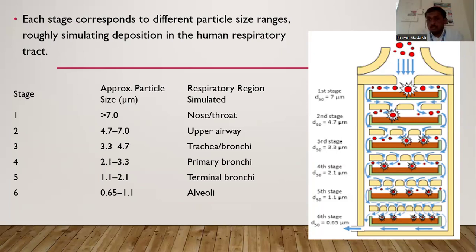It is prepared from metal. Here is the opening of the air sampler, and it simulates the human respiratory tract, and depending upon the particle size, particles get trapped on each different section.